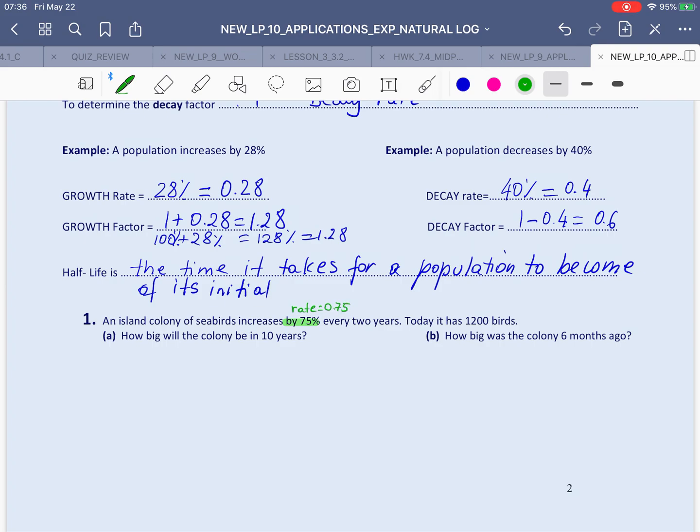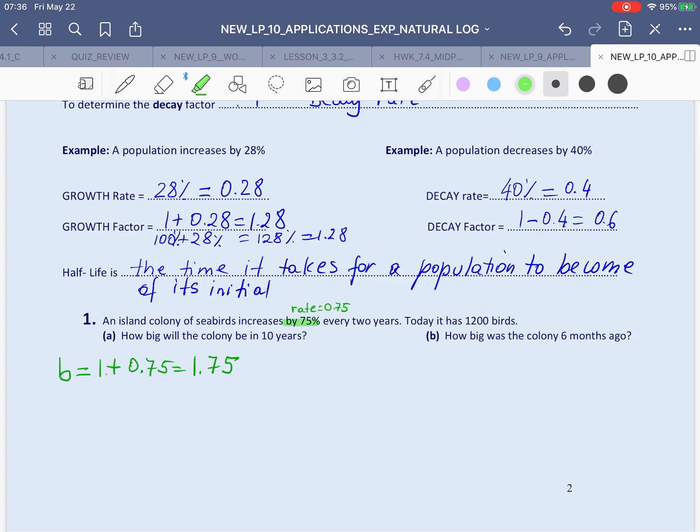So the growth rate of 75% will help me to find the growth factor, because that's what I want to actually use in my equation. So we're going to write 1 plus 0.75 equals 1.75, which is the growth factor.